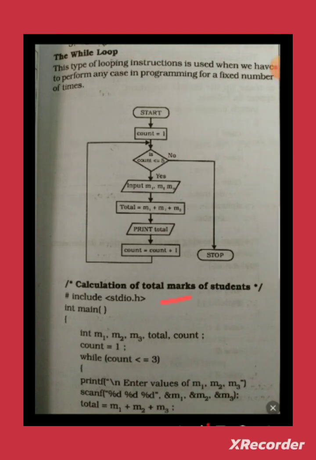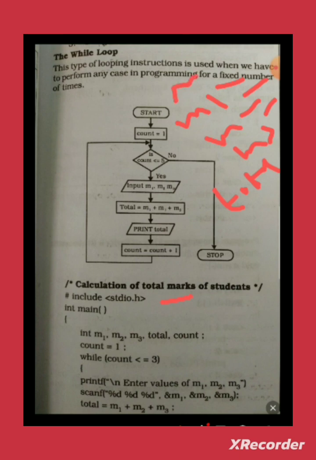So in this program, what all do we need? We need 3 students' total marks: M1, M2, M3. These are subject 1 marks, subject 2 marks, subject 3 marks. Then we need the total value. This is the first student's total marks.